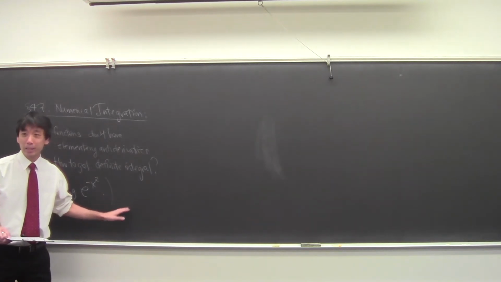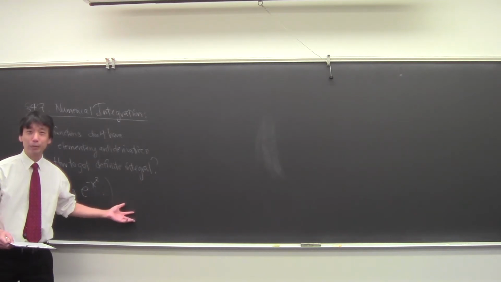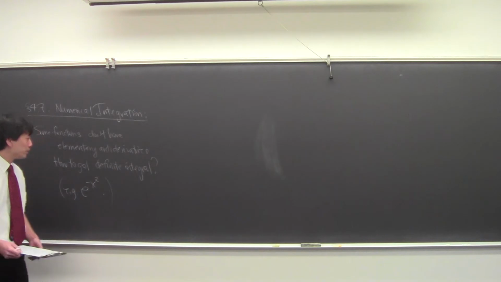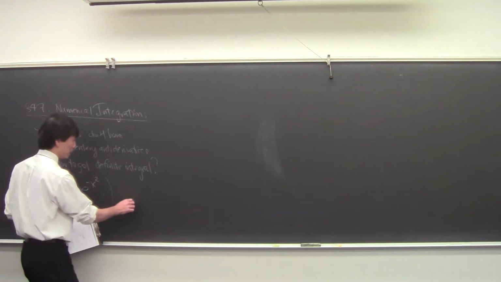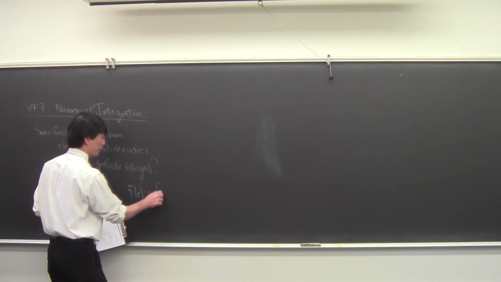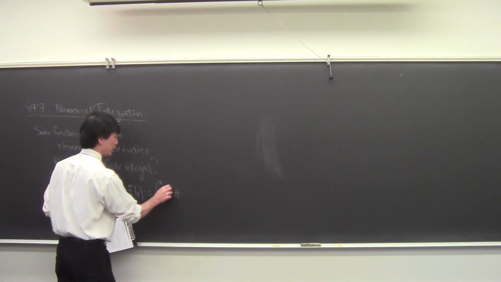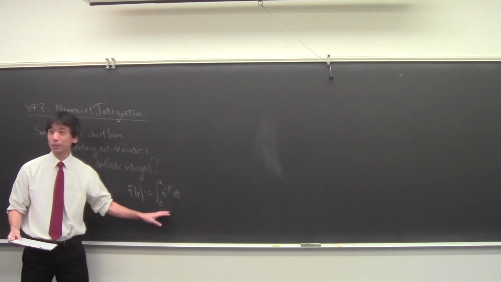Now, from the first fundamental theorem of calculus, you can always write down an antiderivative, right? You can always write down that area guy. The integral from 0 to x of e to the negative t squared dt, right? But this is just a sort of theoretically useful thing.